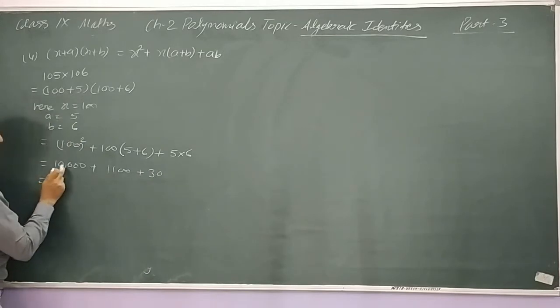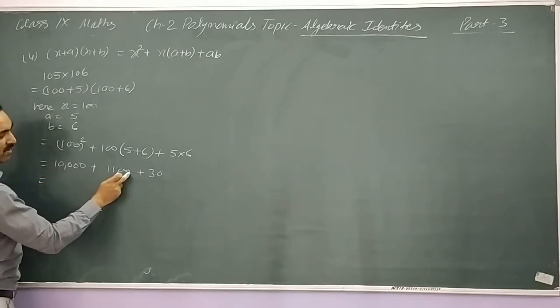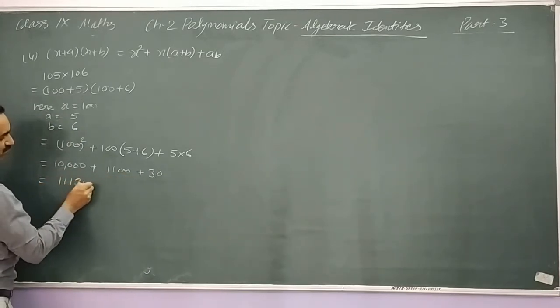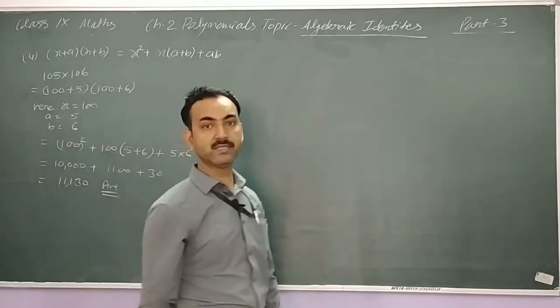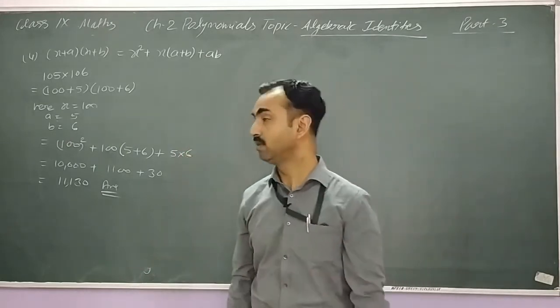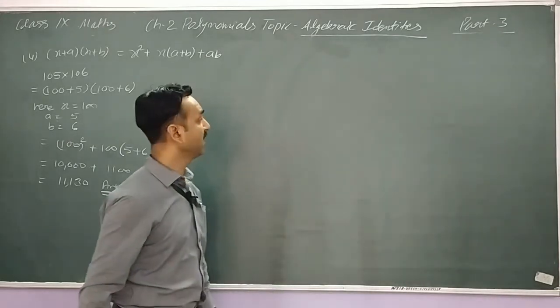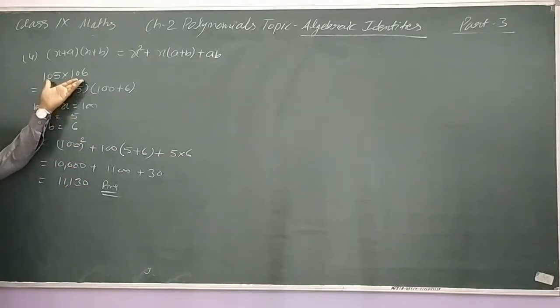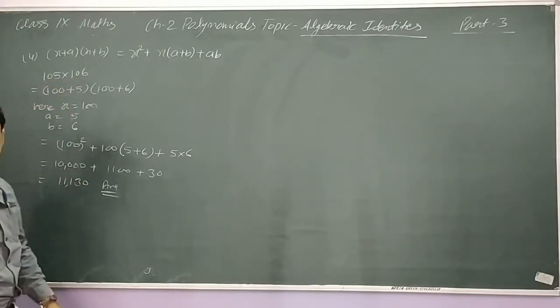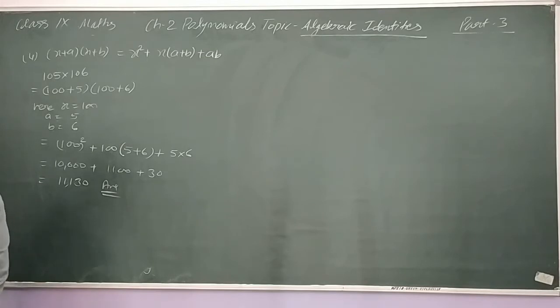So this will be 10,000 plus 1,100 plus 30 is 11,130. So this is the answer. So you can see here we have used the fourth identity (x + a)(x + b) to solve the calculation very easily. Now we will learn about the next identities.